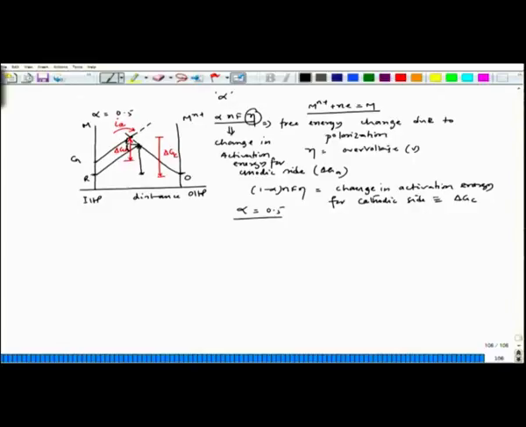That suggests that the contribution of the total overvoltage or total energy change, which is this one, would be this fraction and this fraction. And now you need to know what is that free energy change due to overvoltage. This is the amount of free energy change for overvoltage, which is equal to nFη.